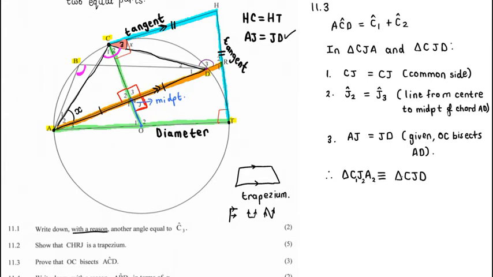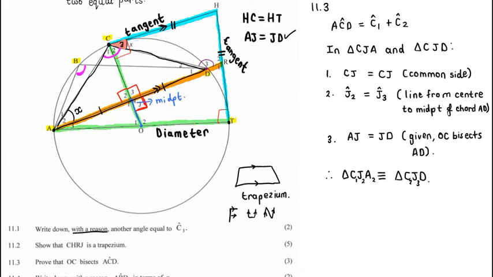Then in the second triangle, if you imagine flipping or folding these two triangles on this line CJ, then the angles that should fold onto each other exactly: angle C1 has to be angle C2, for angle J2 it has to be angle J3, and for angle A2 it has to be angle D1 plus D2.